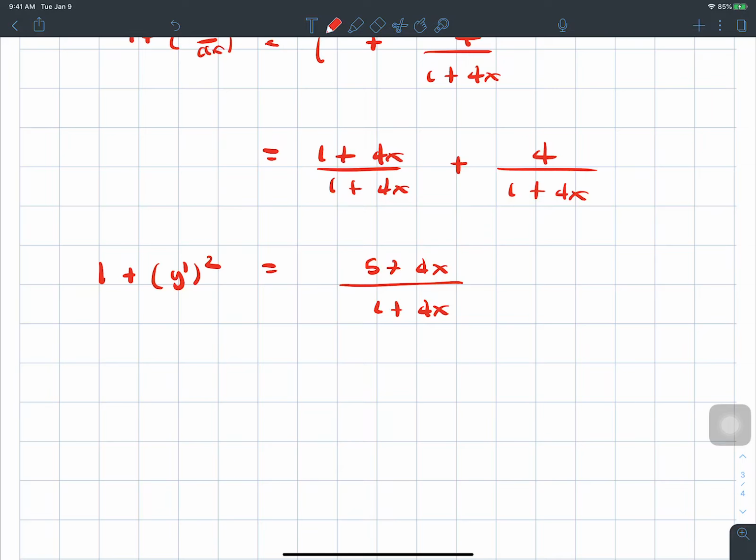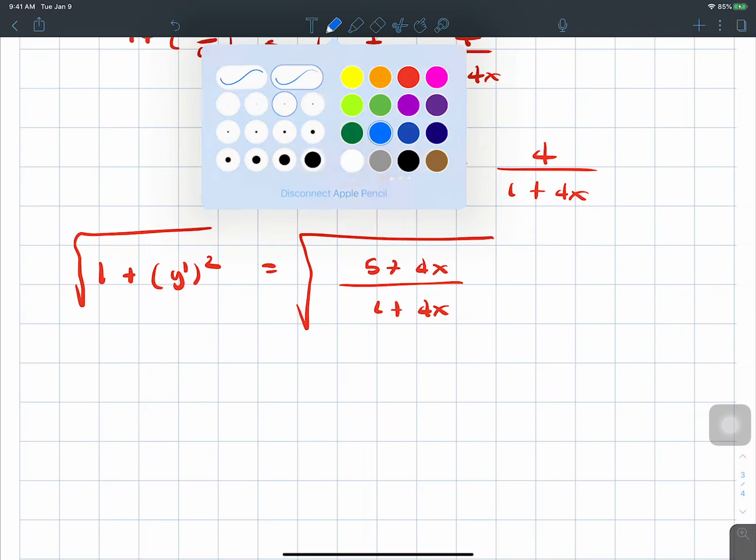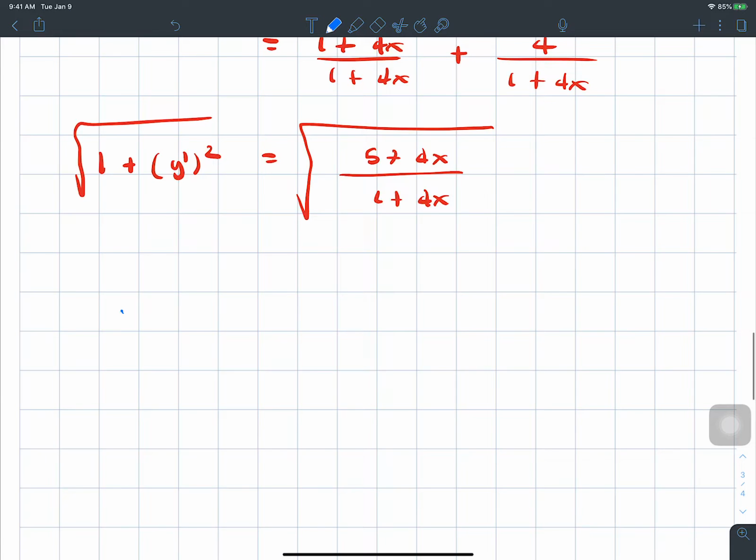Now don't forget, you say, don't we need the radical? And we do. We have the radical with this now. So let's remember what that surface area formula was. Integrate from 1 to 5, 2 pi, square root of 1 plus 4x, square root of 5 plus 4x over square root of 1 plus 4x dx.